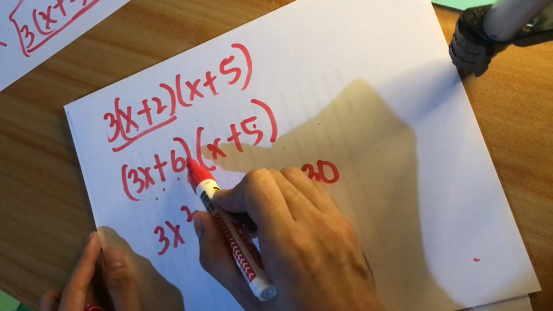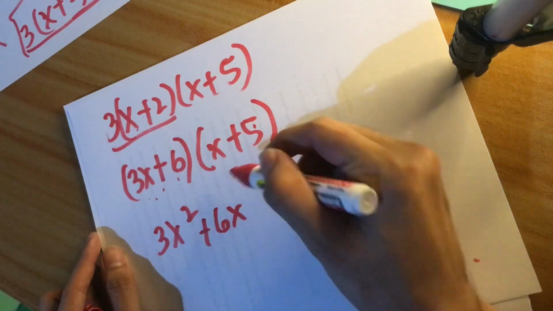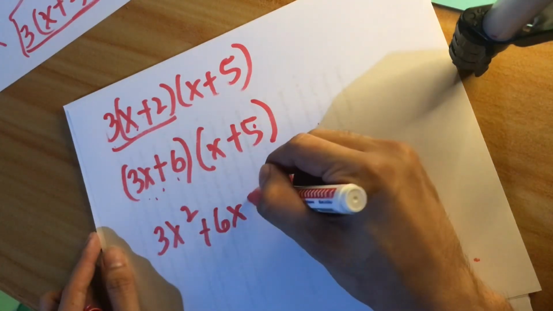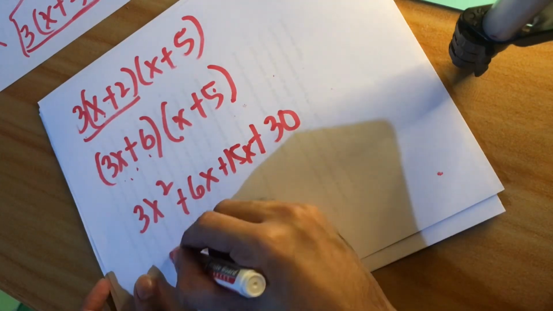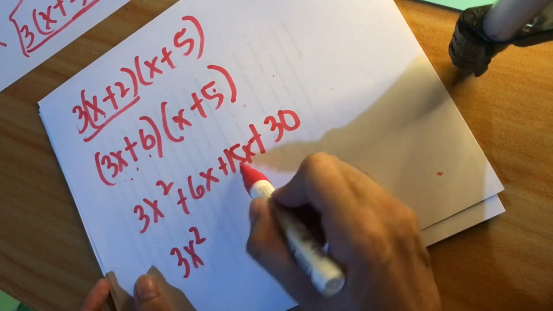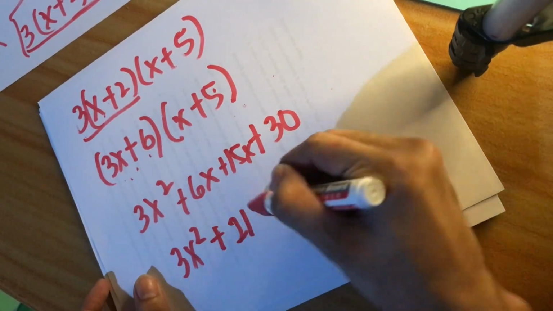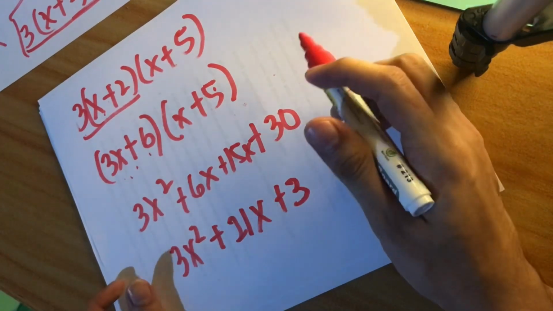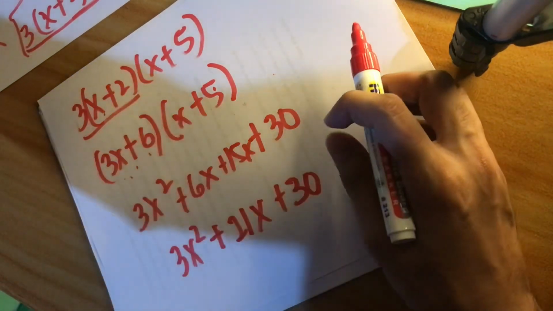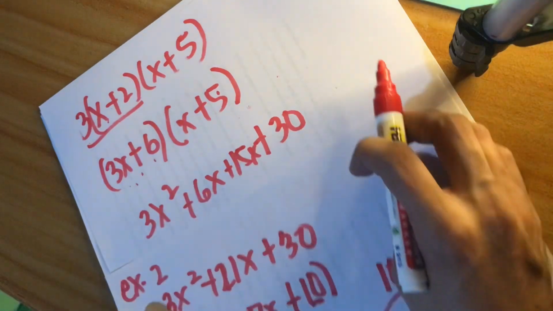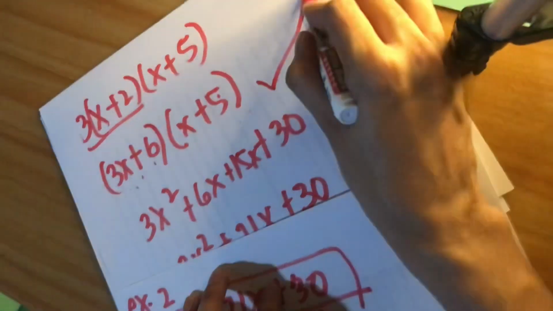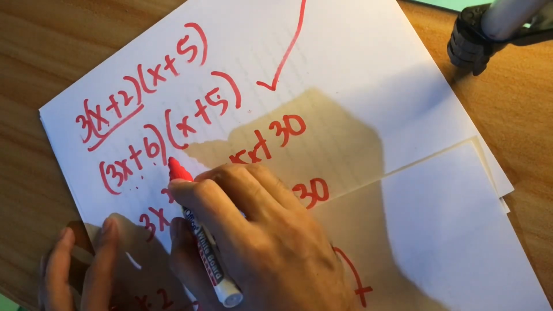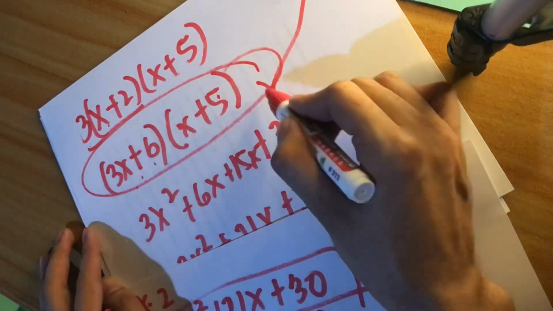Okay. 6 times x, that is 6x. And 5 times 3x, that is 15x. Okay, now combine lang natin. So we have 3x squared, 6x plus 15x, that is 21x plus 30. Okay, so kung babalikan natin yung problem natin, similar lang yung nakuha natin. So, ibig sabihin, tama yung factored form na nakuha natin, which is 3 times x plus 2 times x plus 5. Okay?